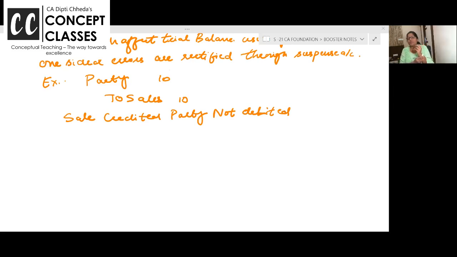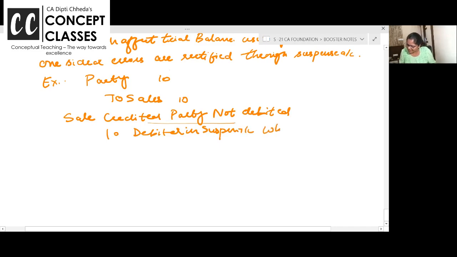So now what will you do? Party is not debited, so what will you do in the party account? When sales is credited and party is not debited, 10 rupees is debited in suspense account while the trial balance is prepared.